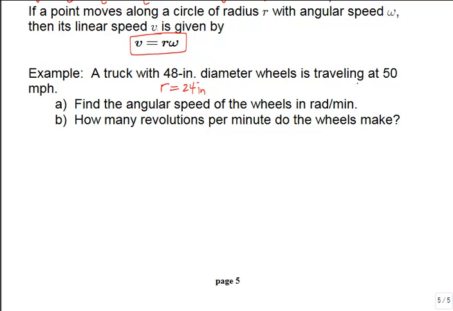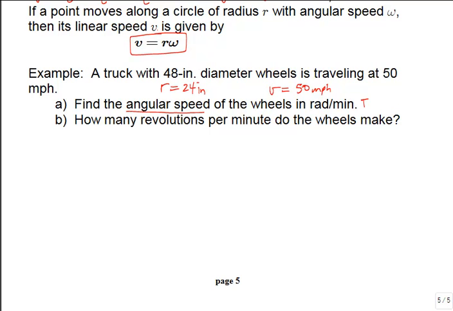Then we have that the speed of this truck is 50 miles per hour. That's its velocity. And the truck is traveling in a straight line, so that's its linear speed. So this 50 miles per hour is our velocity v in miles per hour. And what we're trying to find is the angular speed, this omega that we have up here.